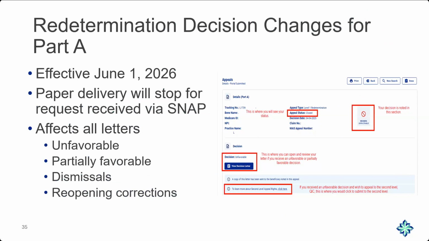Effective June 1st, all providers with an active SNAP account who submit their appeal requests through the portal will no longer receive those decision letters through the mail. All appeals letters can be viewed and downloaded directly in SNAP, which is our provider portal. Providers will also now receive email notifications regarding a decision on their appeal, and you'll be given immediate access to the appeals correspondence.